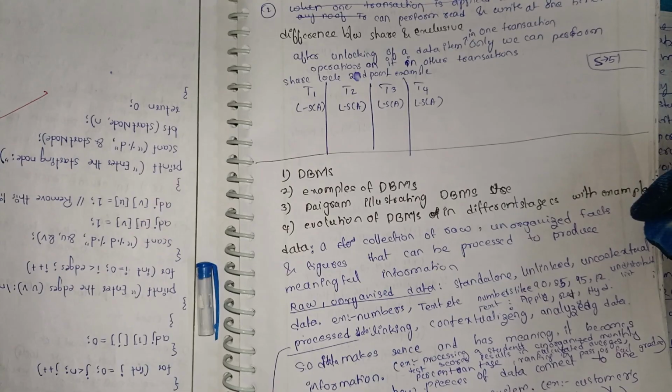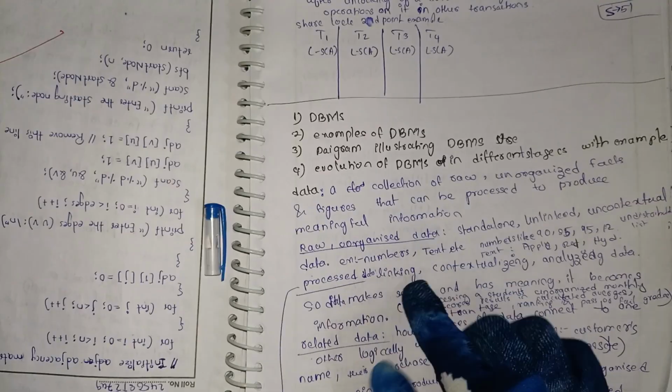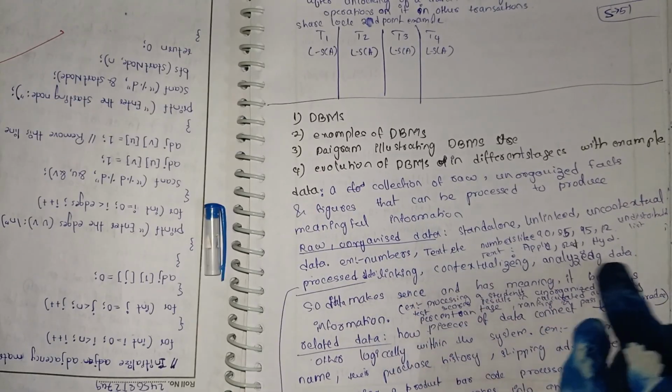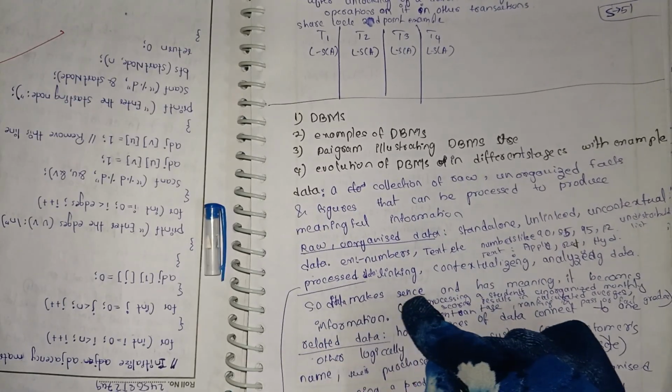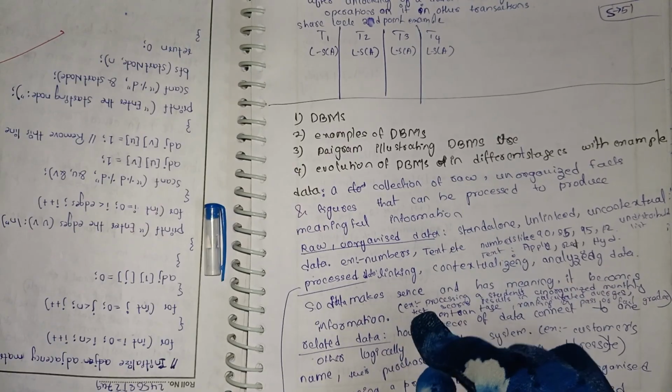It is chosen from multiple topics. Then processed data, linking and contextualizing, analyzing data so data makes sense and has meaning, it becomes information.